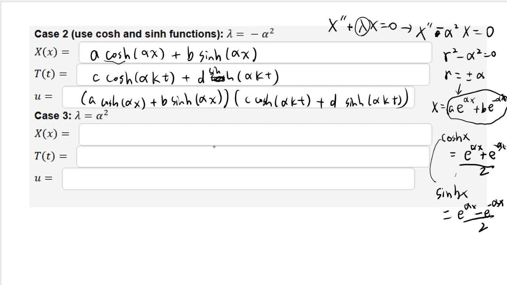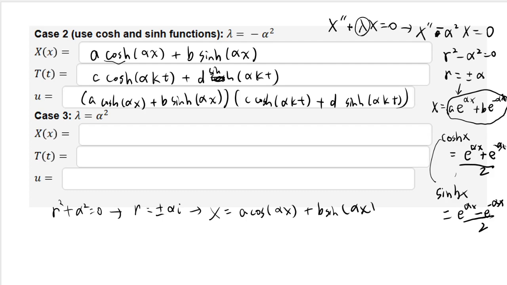So that's it. And for the case when lambda is alpha squared, this time the characteristic equation for x would be r squared plus alpha squared equal to 0, whose solution is r equals plus or minus alpha i, and that gives you the general solution x as a cosine alpha x plus b sine alpha x.